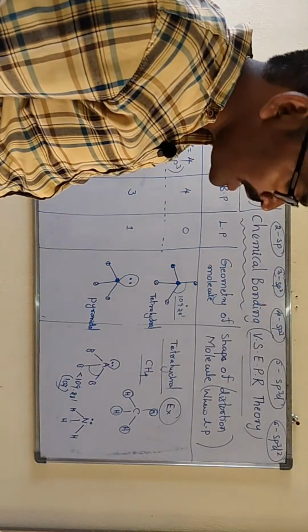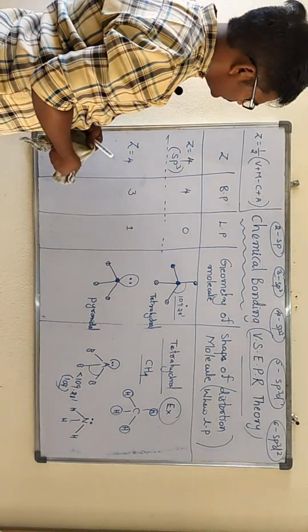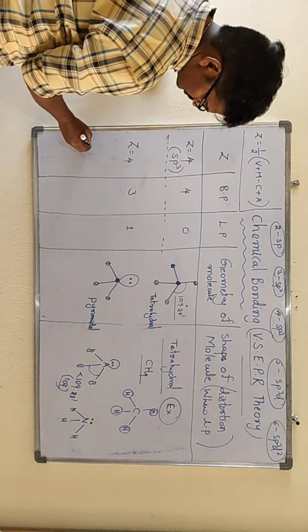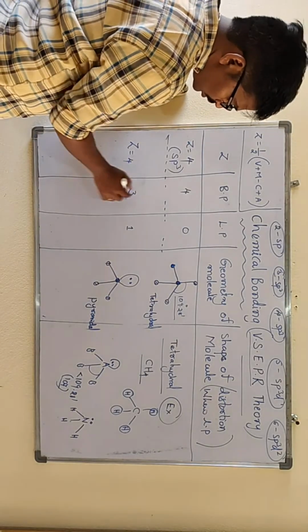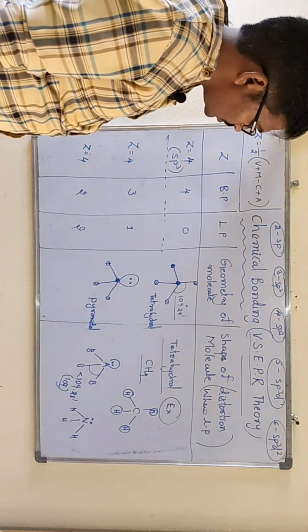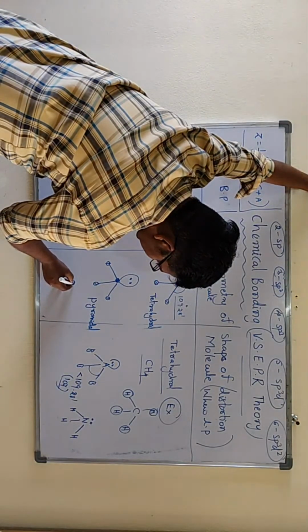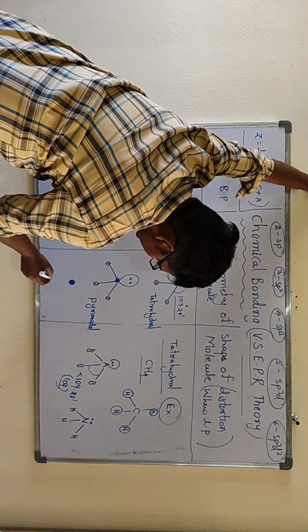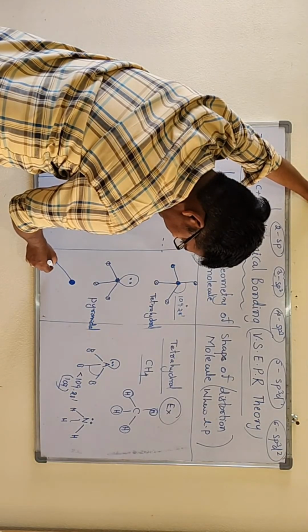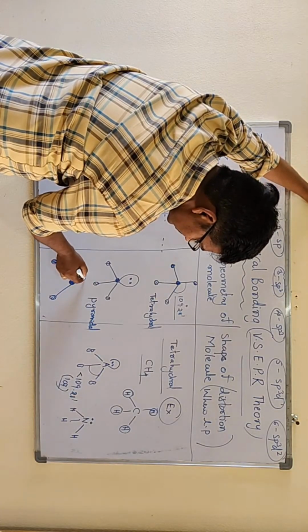So next, if you take Z value 4 only, Z equals 4, then lone pairs are 2 and bond pairs are also 2. Now the geometry of the molecule has to be taken like this, showing the bond pairs and the lone pairs of electrons.